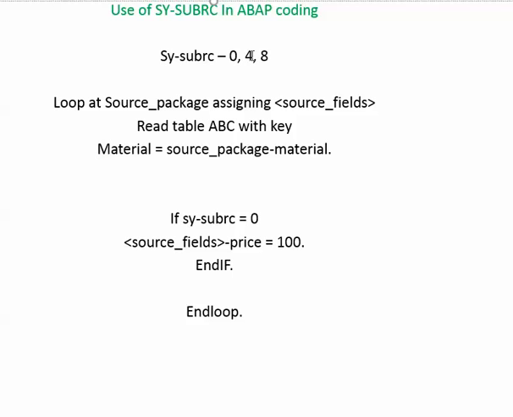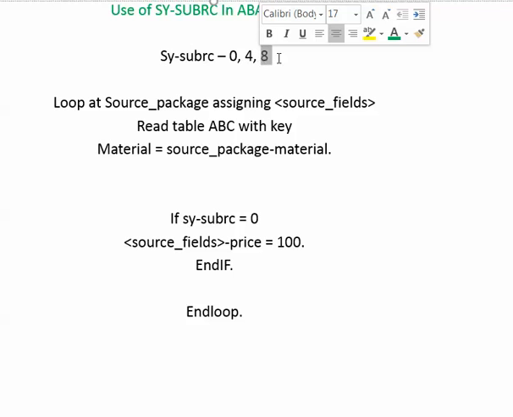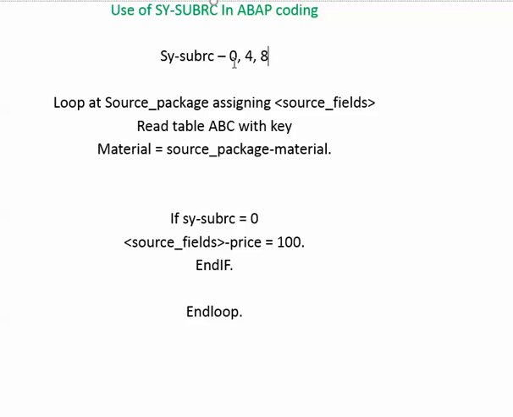If SY-SUBRC is 4, it means the code is fine, but there is no data when the condition is read. After that, if SY-SUBRC is 8, it means there is a fault in the variable or a fault in the code itself. So mostly we use SY-SUBRC in the if condition.